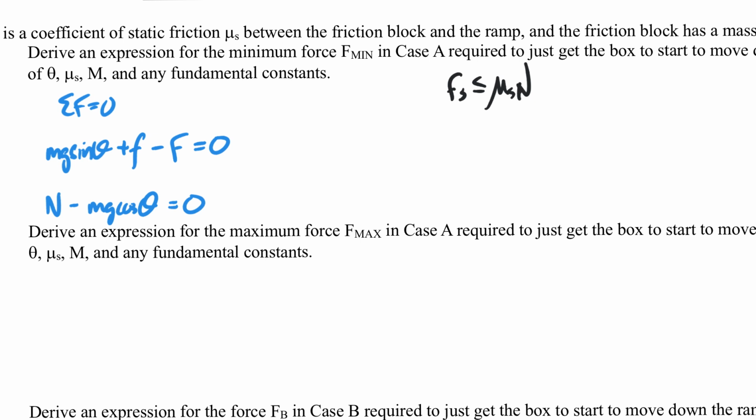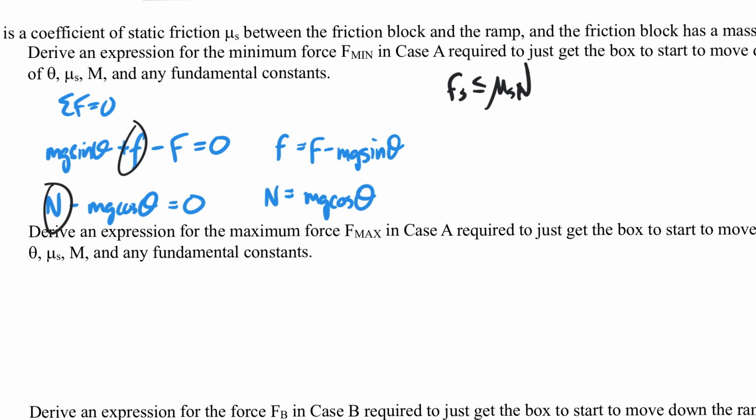So to understand my max or min, I'm going to sub in there so I can keep my inequality preserved, which means I'm going to solve this function for friction and this function for normal force. So when I do that, I'll get friction equals F minus mg sin theta. And this one, normal equals mg cosine theta.